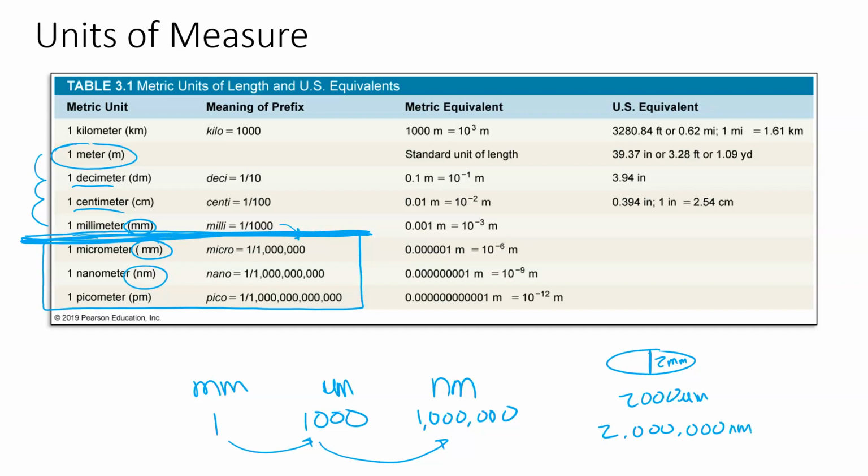Now, obviously in this example we're using even numbers, 1 in this case or 2 in this case, so it's easy to see: you just add 3 zeros. But make sure you understand that it is a power of 1,000, 3 place values to get from millimeter to micrometer, and 3 place values to get from micrometer to nanometer.